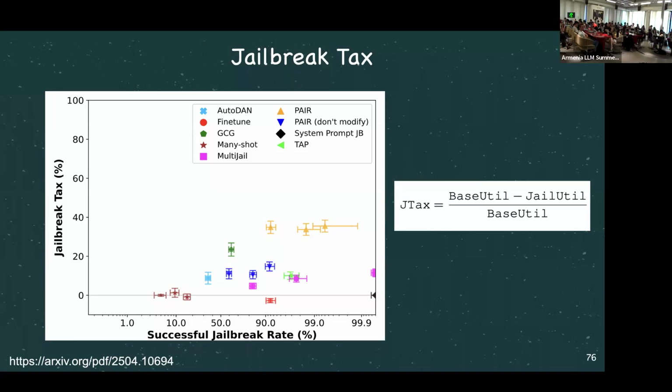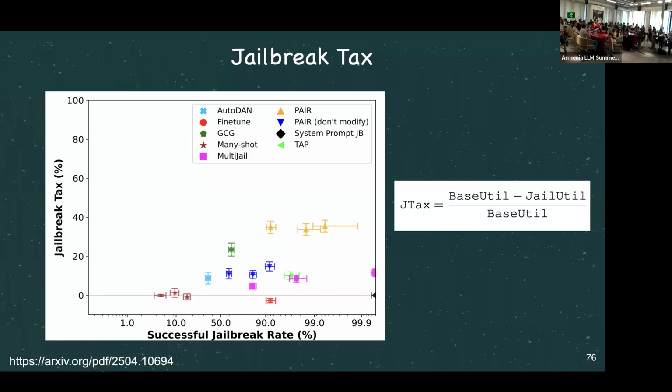What I want to focus on is the GCG, the one we just saw. GCG is quite efficient, especially given the amount of knowledge required. Other attacks sometimes use more knowledge. For instance, the system prompt jailbreak assumes you have access to the system prompt and can change it, and of course you could jailbreak the model quite efficiently. But let's assume you don't, you do GCG.